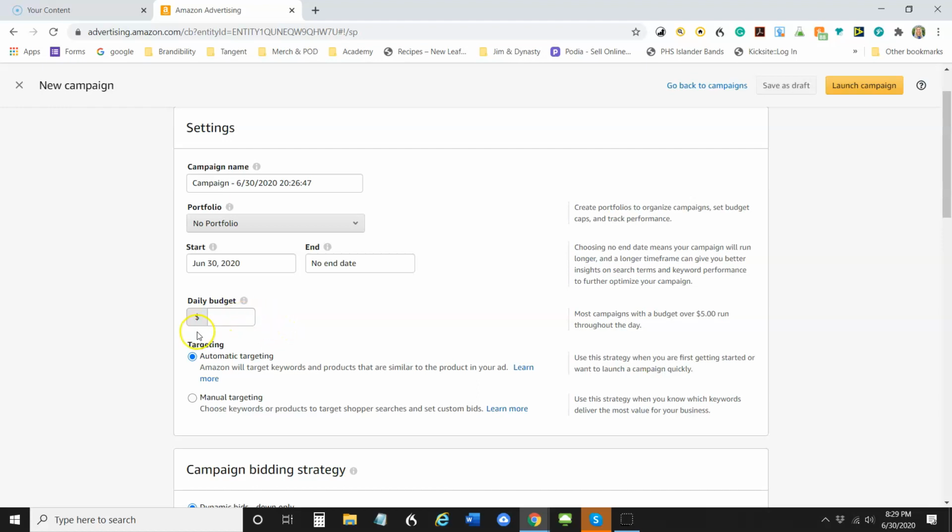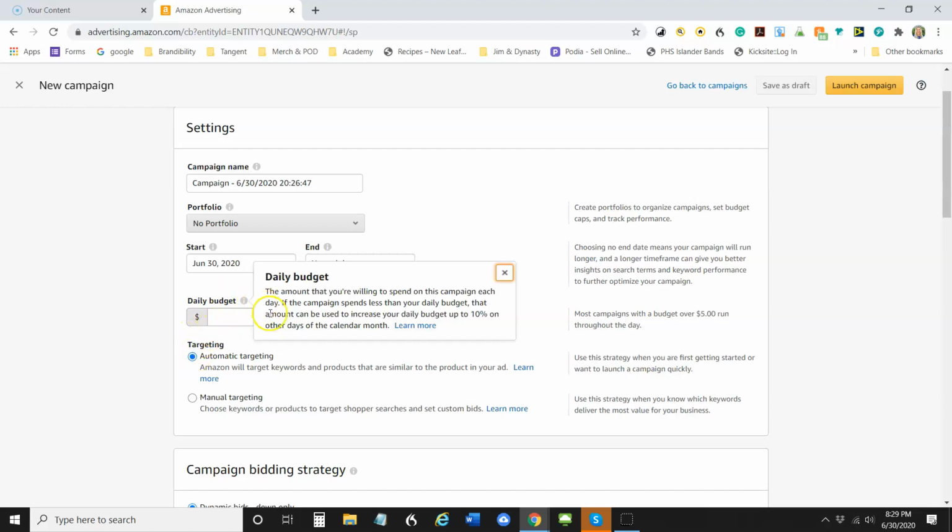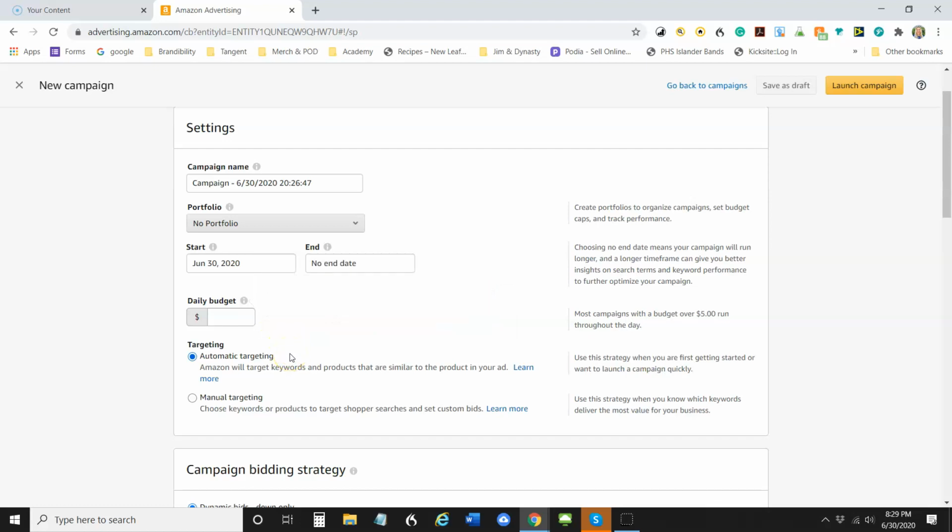If you spent $2 the first day, they could spend up to $8 the second day, because it could average $5 each day.